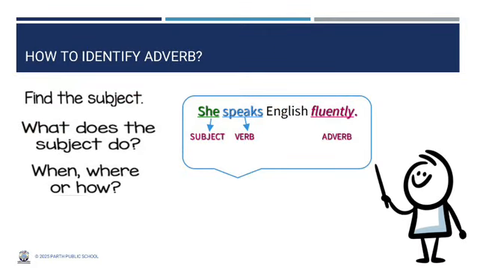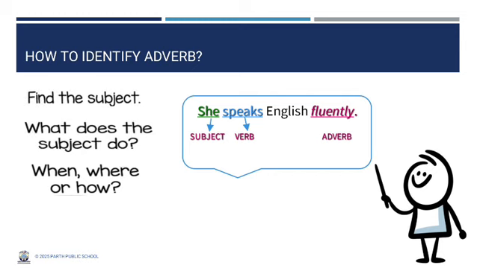Now, the question is how to identify an adverb? First of all, we need to find out the subject. Then, what does the subject do? That means the verb, the action. And finally, when the action is done, where the action is done, or how the action is done is an adverb. So here we have a sentence.